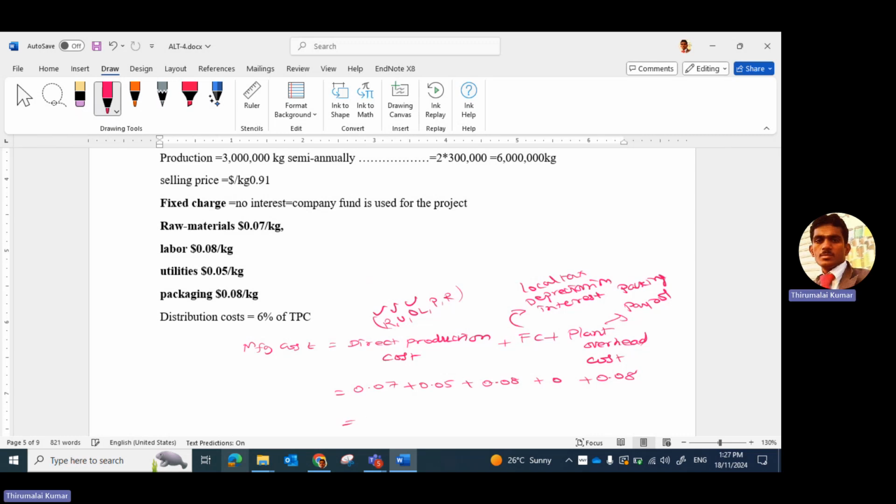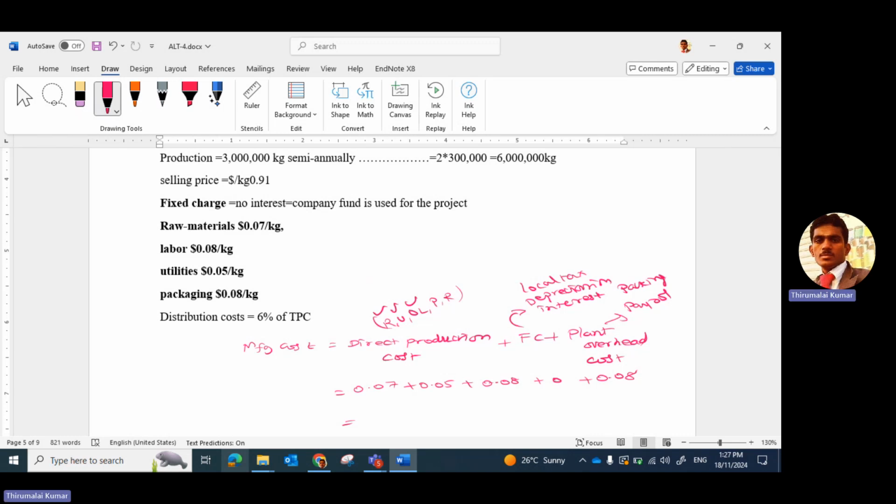Once we add all the costs, we have 0.07 plus 0.05 plus 0.08 plus 0.08.